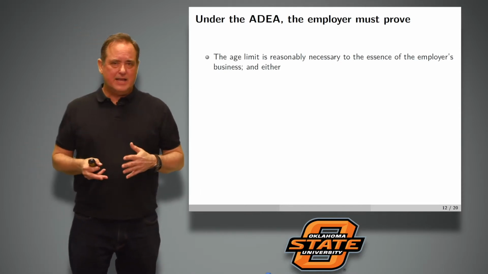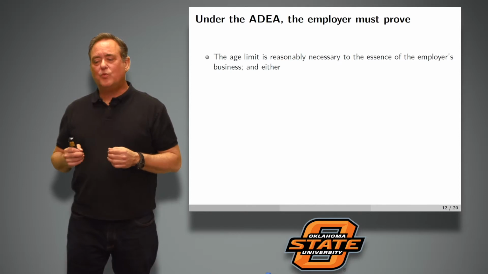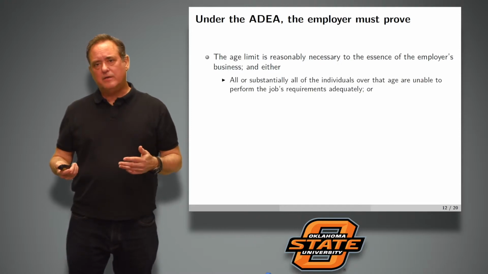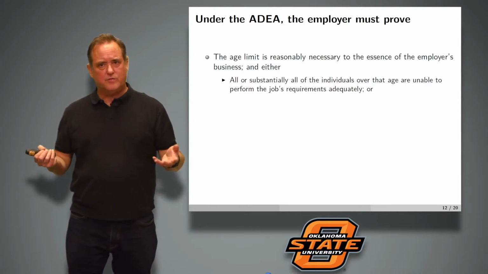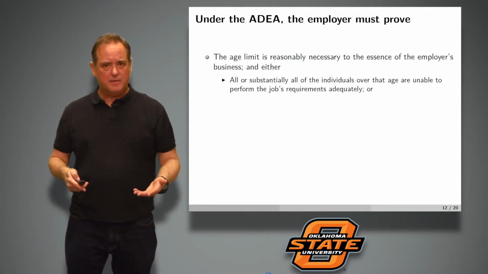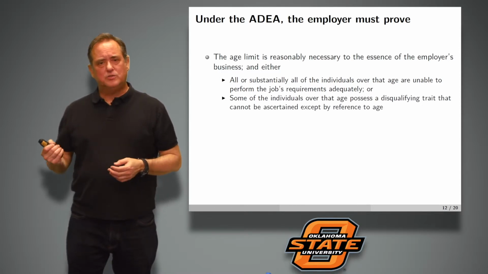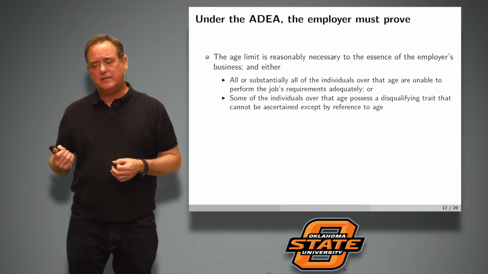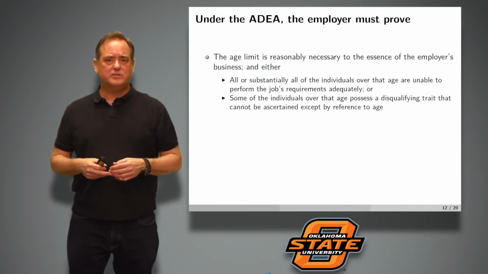Under the ADEA, the employer has to prove, first of all, the age limit is reasonably necessary to the essence of the employer's business, and either the same, all or substantially all of the individuals over that age cannot do the job adequately, or some of the individuals over that age possess a disqualifying trait that cannot be ascertained except by reference to age.